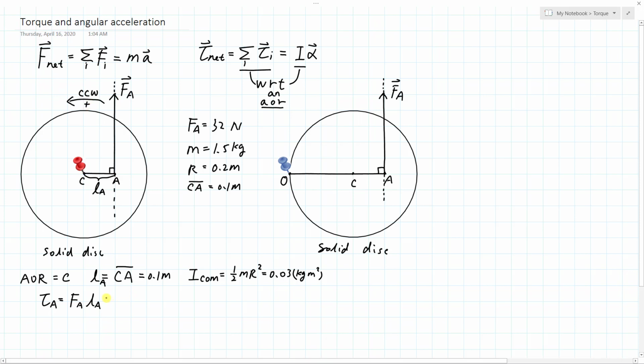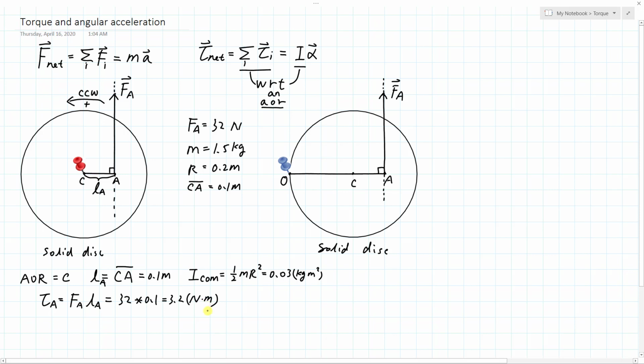And this gives us 32 newtons times 0.1 meters. So 3.2 newton meters, and let's not write that as a joule, although a newton times a meter in an energy context is a joule. You push with a force and sustain that force for a displacement, and this is not that. You are not sustaining a force for a distance traveled, right? You're just pulling a force a certain distance away.